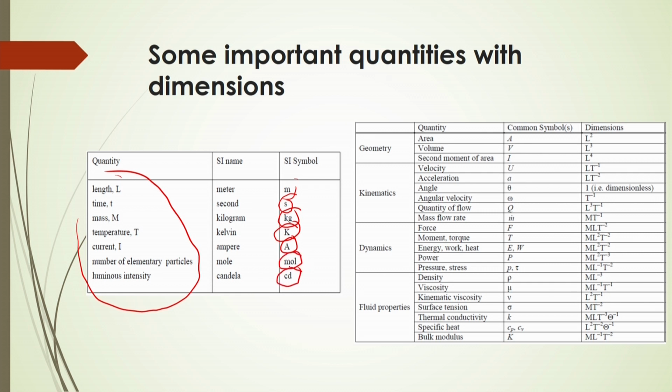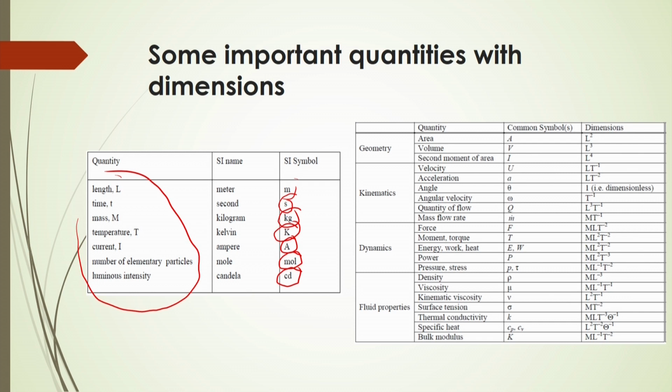And we can divide those quantities into several categories. Geometrical quantities are like area, volume, and second moment of area. Kinematic quantities are like velocity, acceleration, angle, angular velocity, flow rate, and mass flow rate.